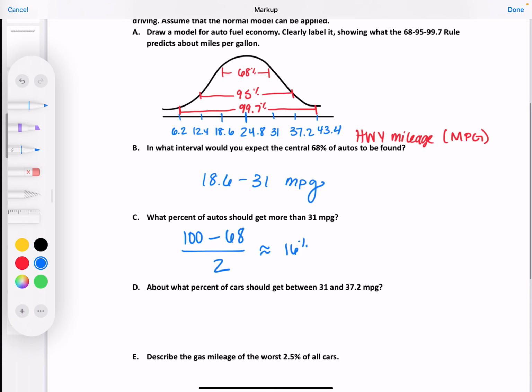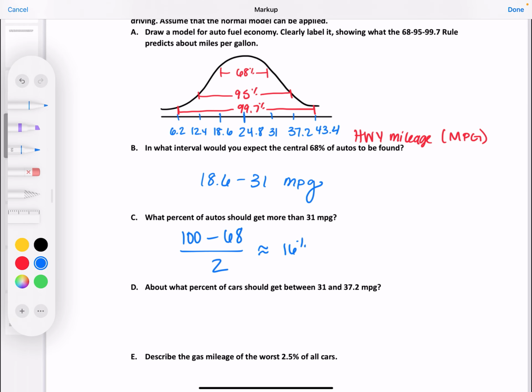So then with the next one, about what percent of cars should get between 31 and 37.2 miles per gallon? Roughly 8. How'd you get that? Well, you would take the 16% that you had and then divide it again.